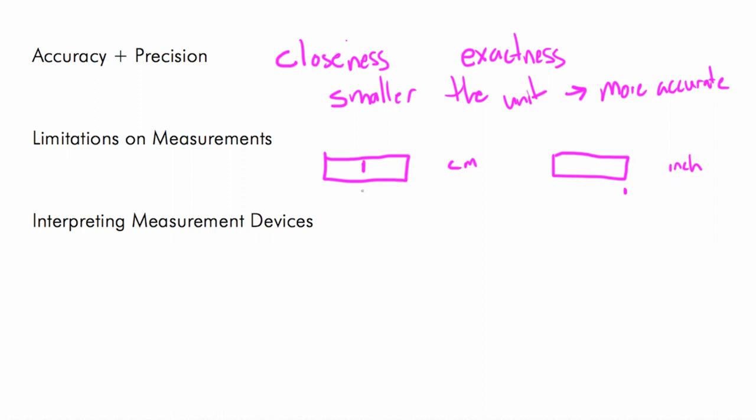And if this was to the centimeter, the only way I can really accurately talk about things is to the centimeter. I shouldn't be talking about millimeters. Here I shouldn't be talking about third inches or 1/2 inches. Interpreting measurement devices, that's kind of all contained here. And when I say interpret, I mean look at and think about and decide what units you're talking about.